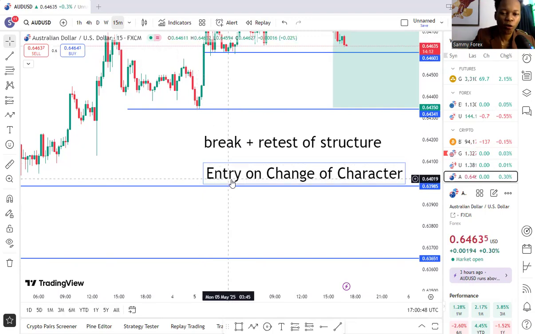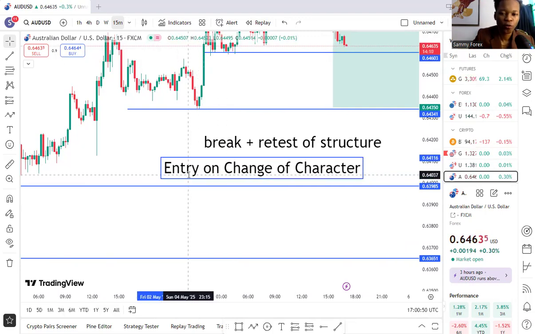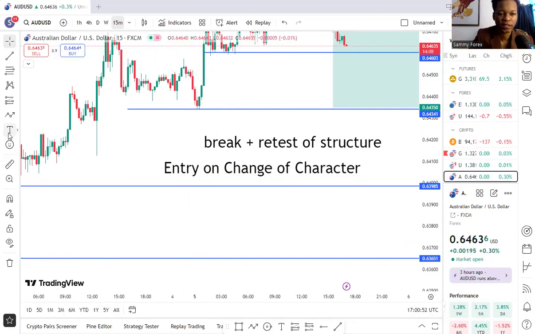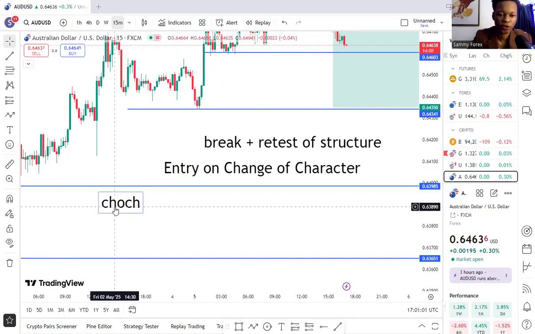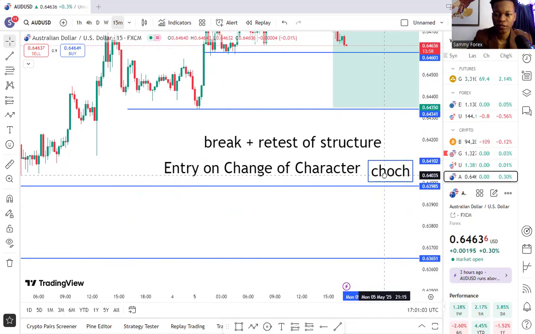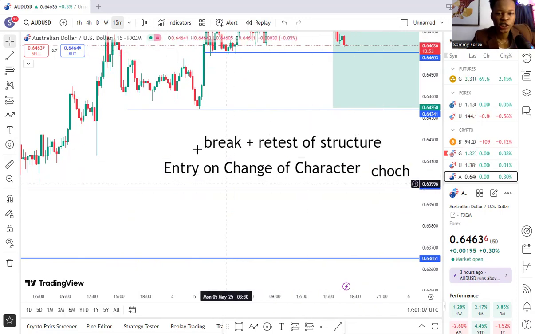This is your number two, which is your break of change of character, which is your CHoCH. For those of you that don't know the short form, CHoCH is the short form of change of character, for those of us that are not familiar with it. So this is it, entry on change of character.